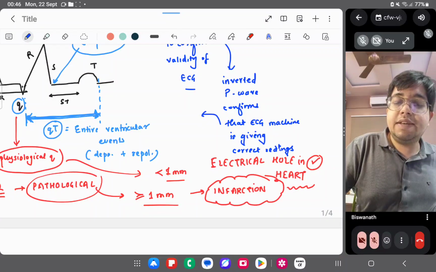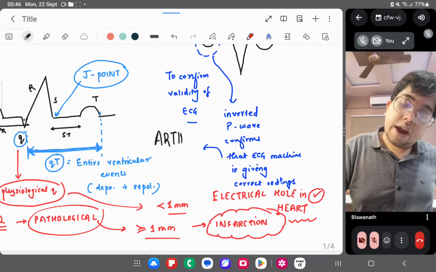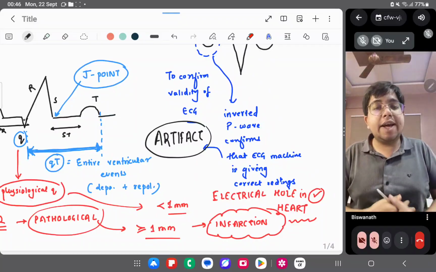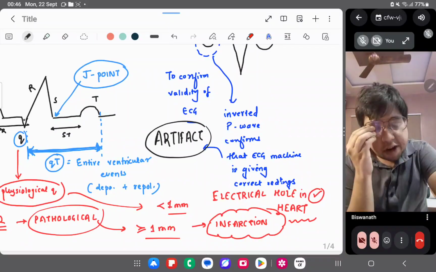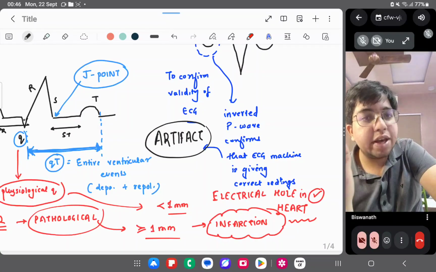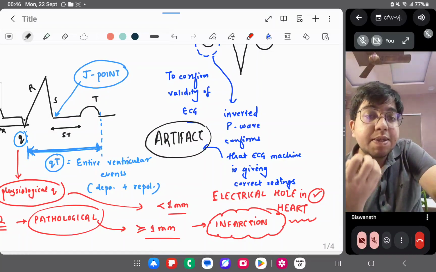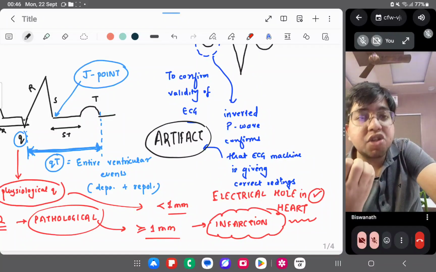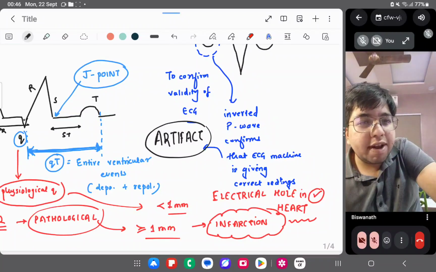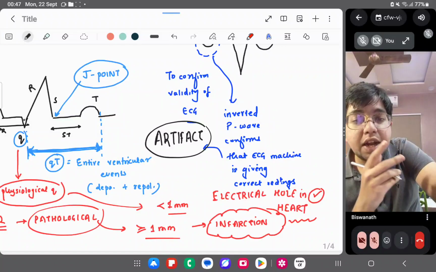Whenever the ECG machine gives an incorrect reading, the term is artifact. An artifact is an abnormality in the recording of the ECG, not an abnormality in the patient's heart, but it can easily be confused with one. You can find flutter waves, but they may be due to small vibrations of the patient, let's say the patient is shivering. You never know what the possibility is, so this is the thing to rule out artifacts.